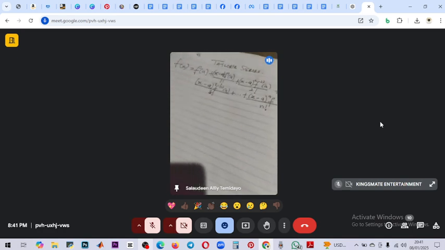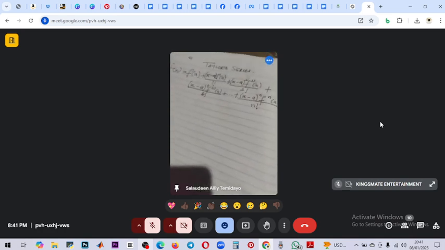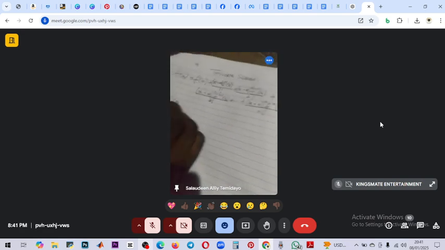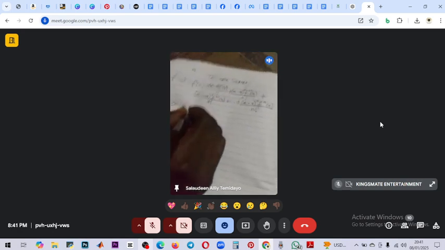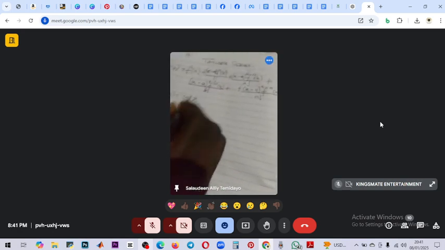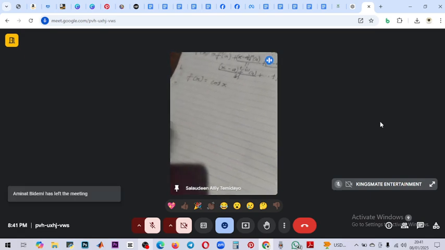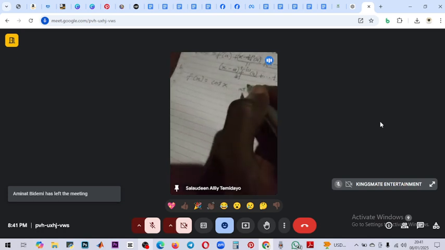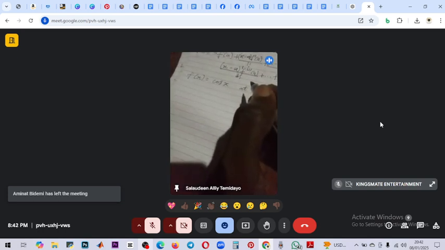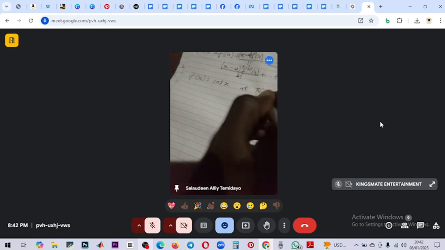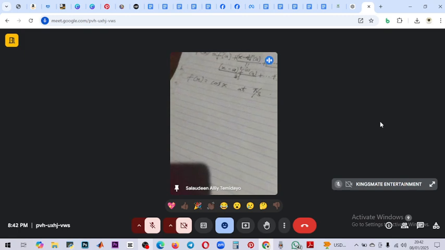Now, let us solve an example with this. I'm given a function f of x equal to cosine x. Expand f of x, or expand cosine x, at the point pi over 3.